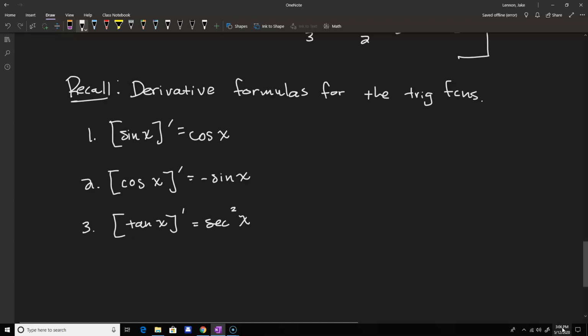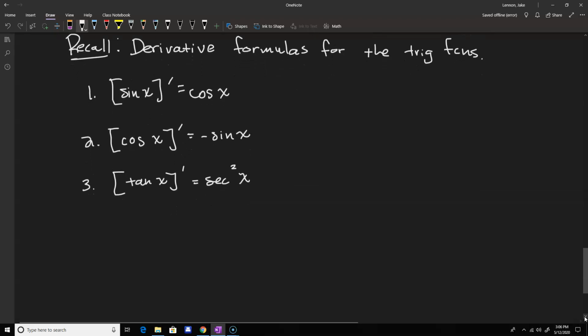And then let's see if we can remember the derivative formulas for the reciprocal trig functions. So for 5 and 6, let's say we want the derivative of secant of x, cosecant of x, and the cotangent of x.